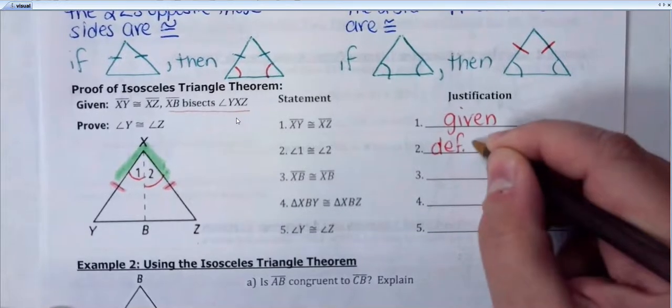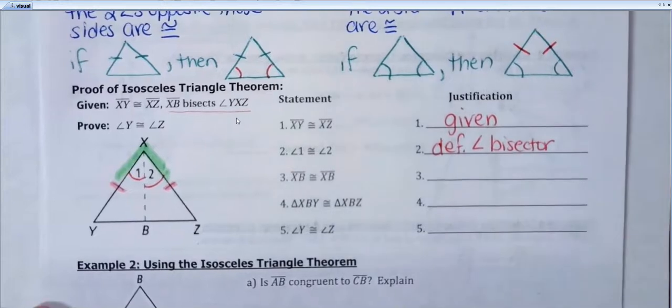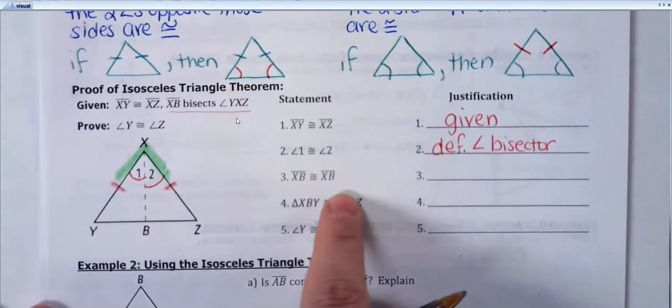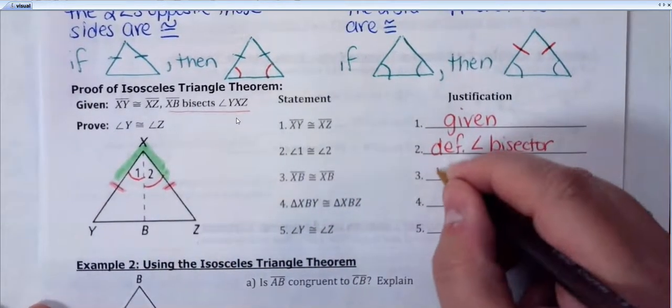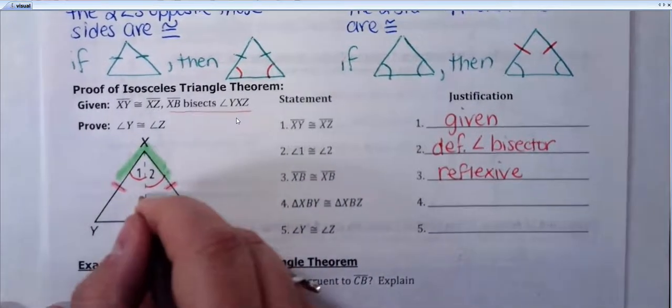Definition of an angle bisector, or definition of a bisector, either way. I'm going to put that little angle symbol in mine. Now, the next step says XB, which is that dotted line, is congruent to itself. That's just your reflexive property. I'm going to put a little double mark on that.